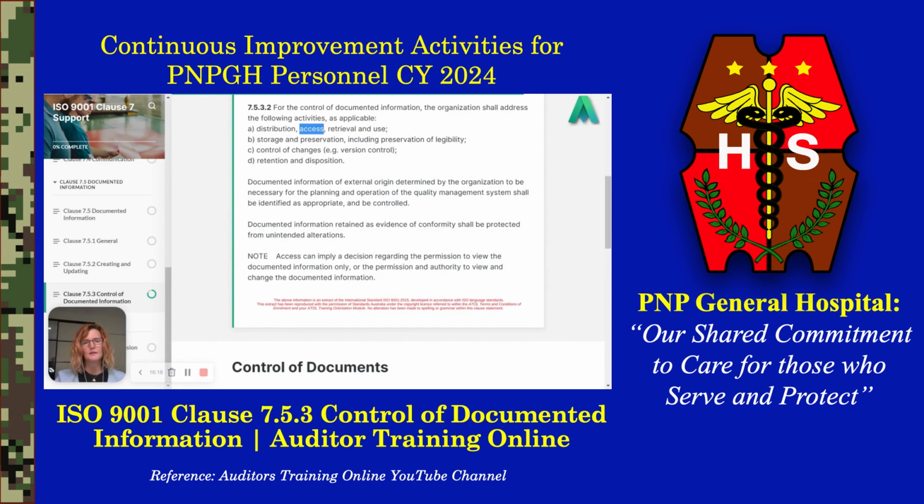So you need to consider who can access and just view, and who can access, view and edit as well. That's really important. I hope that explained 7532 for you and you're able to implement that within your own business.